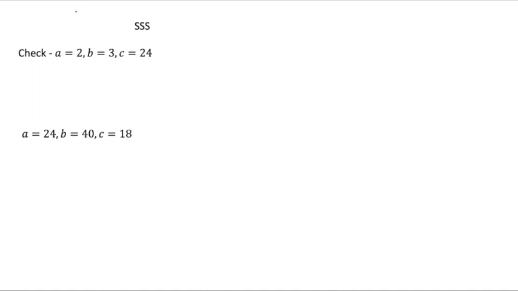To check this, all you have to do is check that the small side plus the medium side is greater than the largest side. I'm not saying equal to. If it's equal to, that's also not a triangle. It has to be greater than the largest.